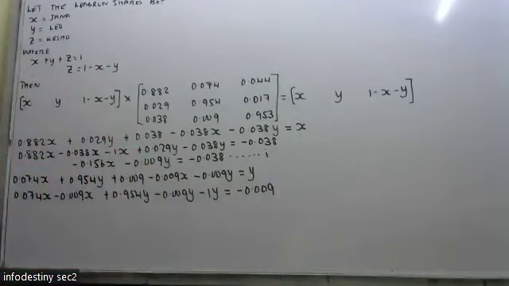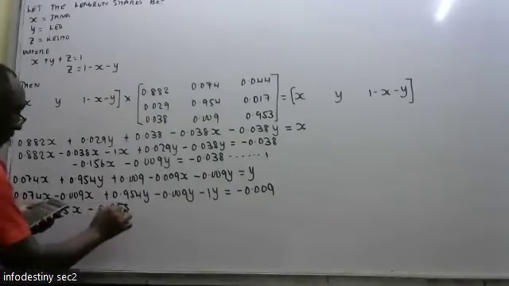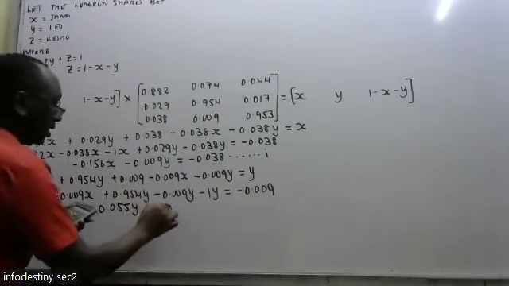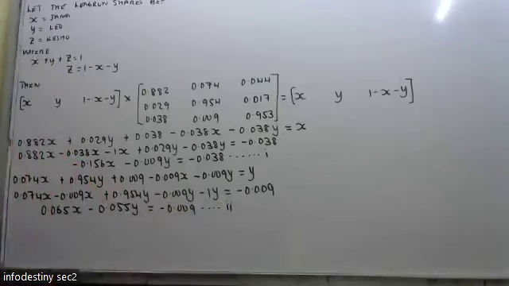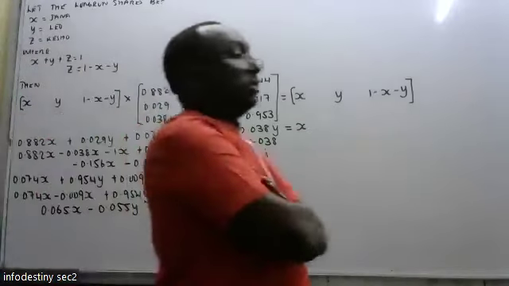And when you put the figures in the calculator, you will be able to say 0.074 minus 0.009, I'm getting 0.065x, and 0.954 minus 0.009 minus 1 is minus 0.055y, equal to minus 0.009, and this one you call equation number 2. So that is how you create the two equations so that you can solve them.